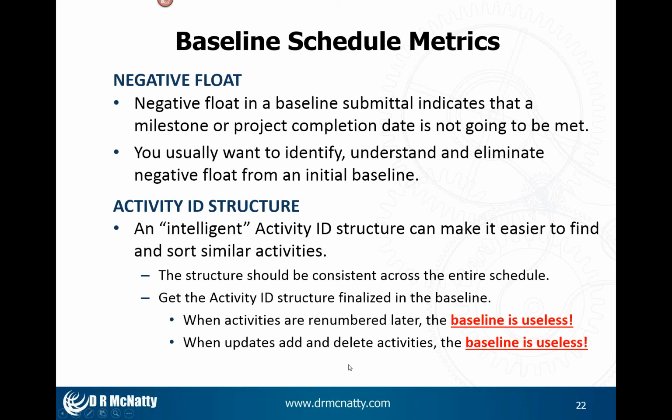The same thing happens when I delete activities. Once activities are gone, new ones are added, baseline is useless. There are accepted practices that can maintain the validity of the baseline while still allowing you to add additional detail to a schedule as the project moves forward. You should understand what those practices are.